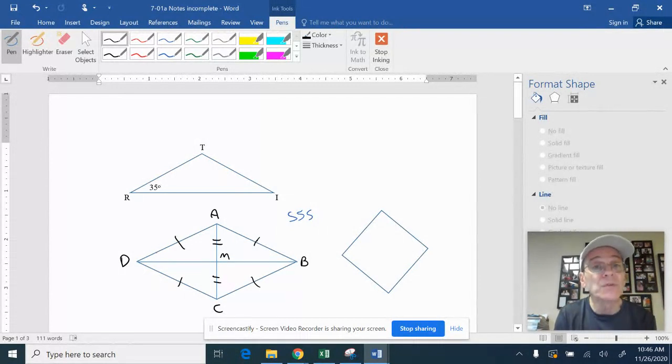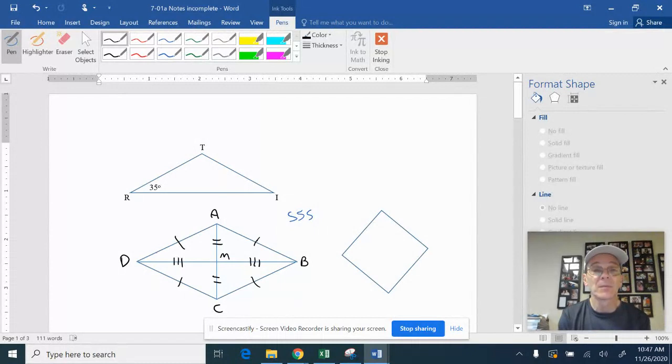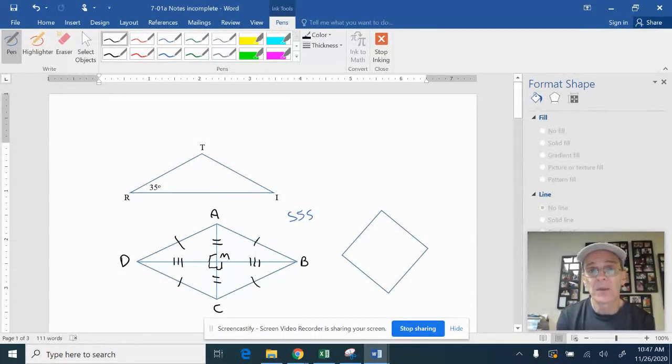It could be proved that those segments are congruent by getting some congruent triangles in the picture. That wouldn't be hard at all. It could be proved that segment MB is congruent to segment MD. And it could be proved fairly easily that all of these angles at this intersection, don't they all look like right angles? Well, that could be proved also. Wouldn't be hard at all.